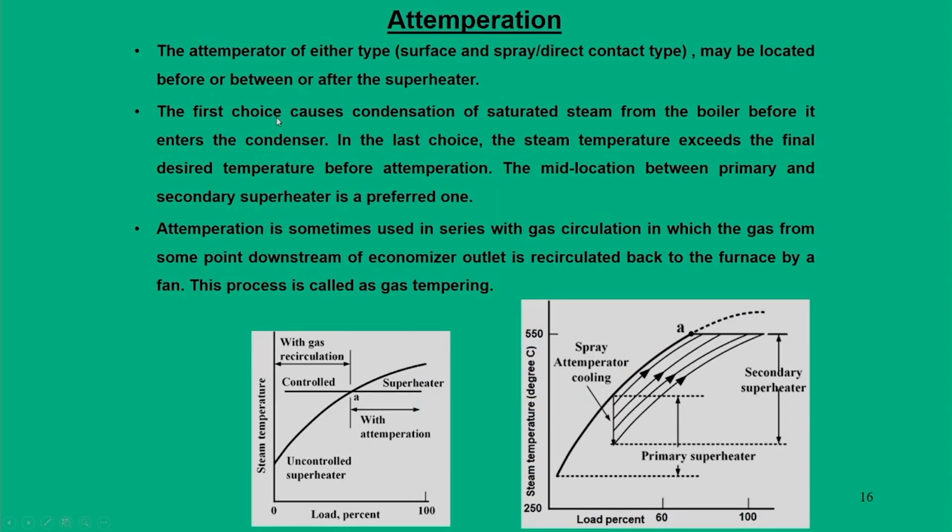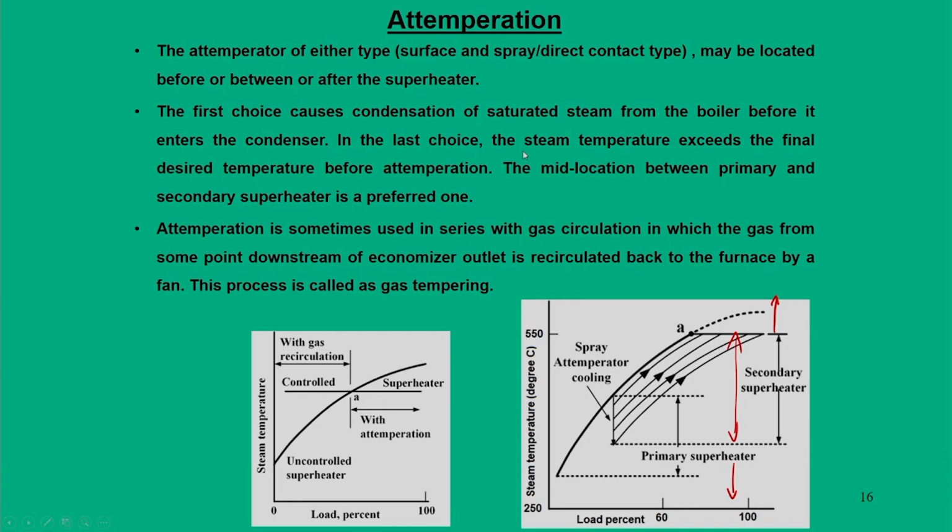And again, regarding the location of this attemperator, basically the attemperator, either type, surface or spray or direct contact type, can be located before the primary superheater, after the secondary superheater, or in between the primary and secondary superheater. So, these are the three locations where this attemperator can be used. The first choice, if it is used before, can lead to the condensation of saturated steam on the boiler surface before it enters the condenser.